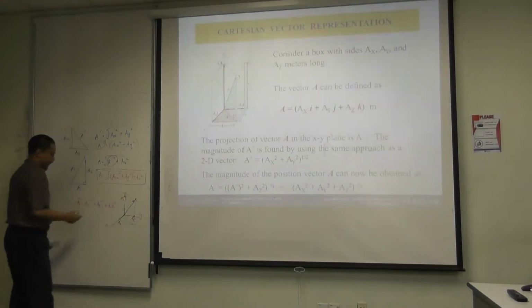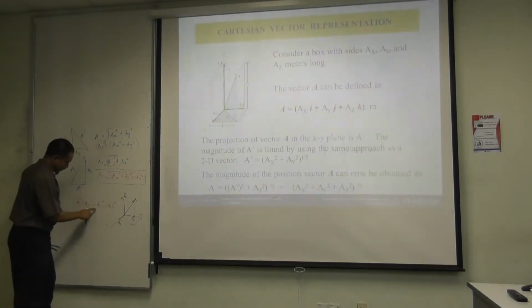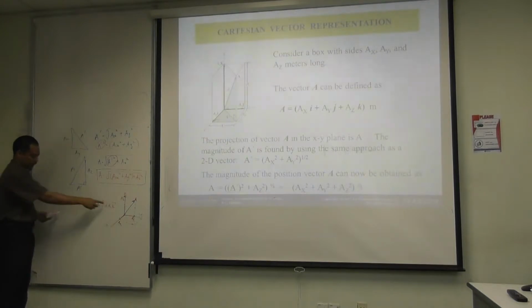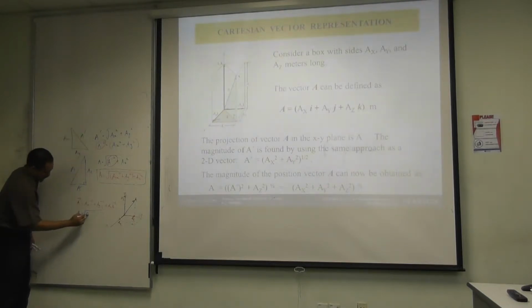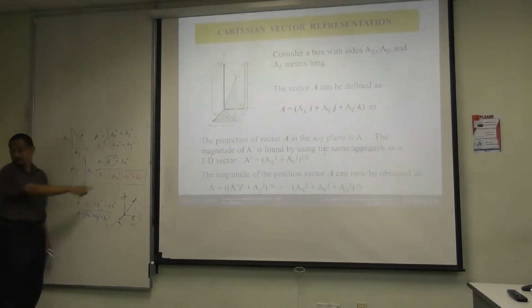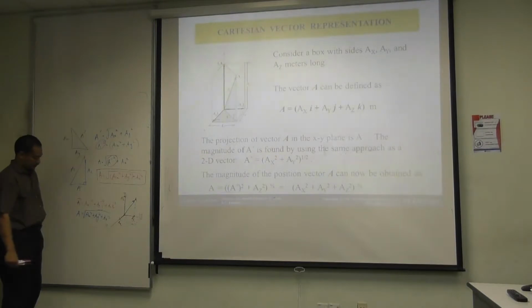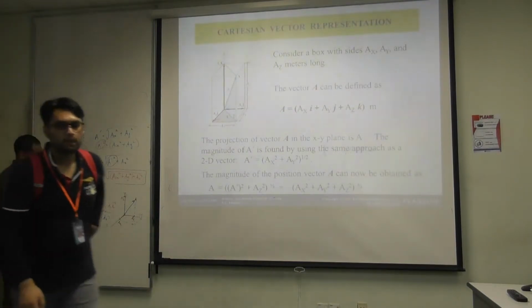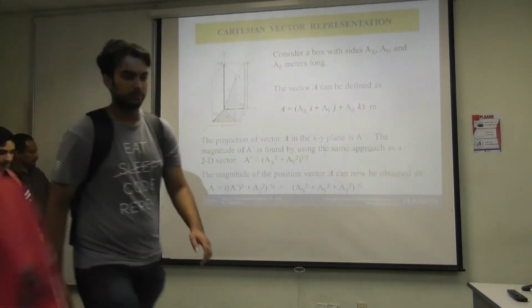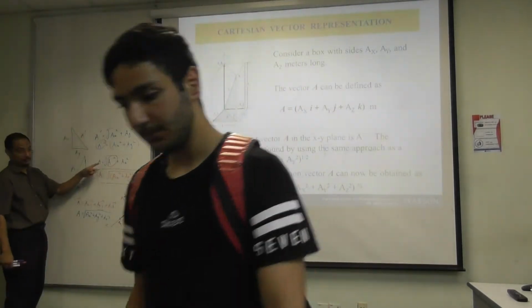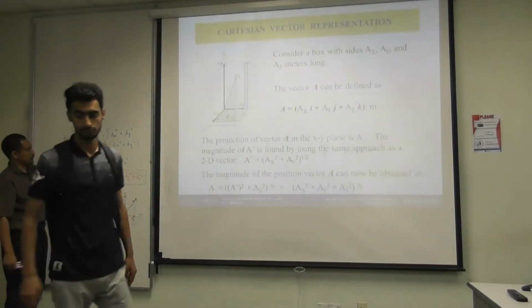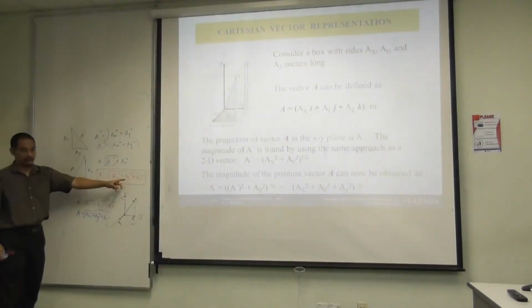Meaning that if you know the components ax, ay, az, and you need to know the magnitude of A, what to do is simply take the square root of ax squared plus ay squared plus az squared. If you understand trigonometry here, you can straight away know how this is derived, right?